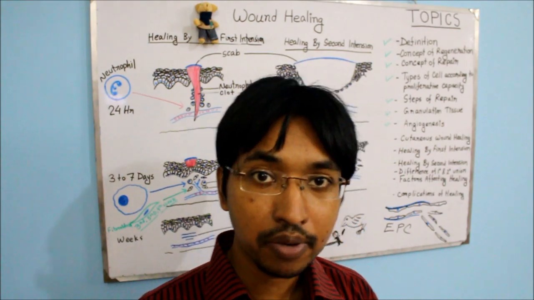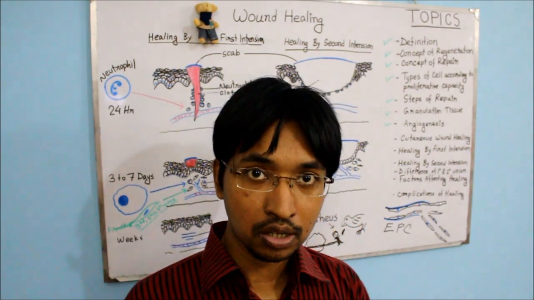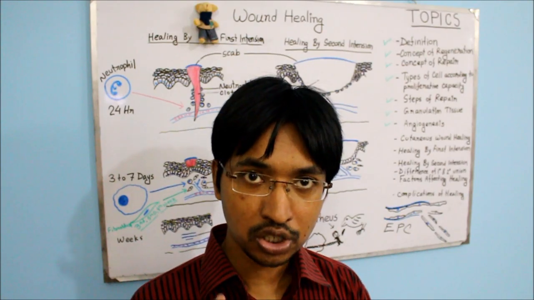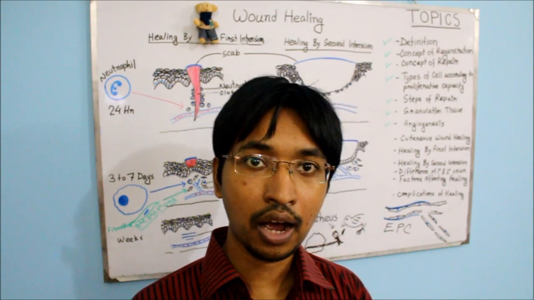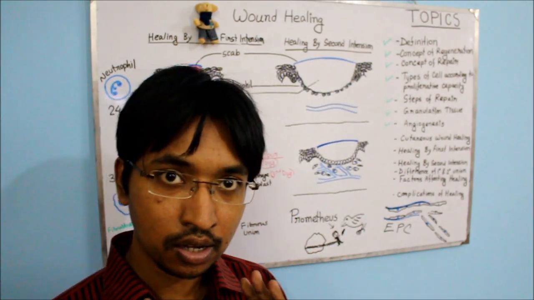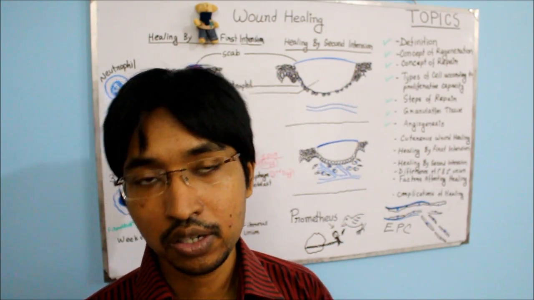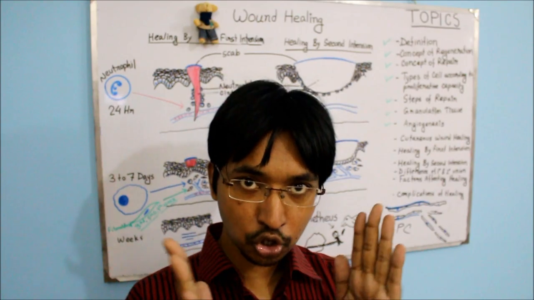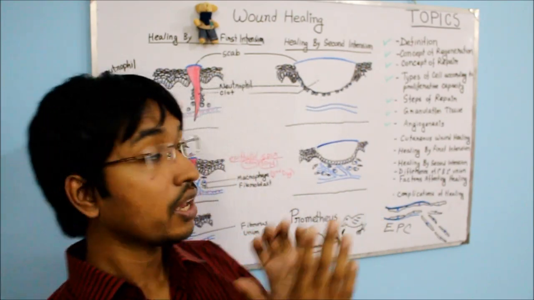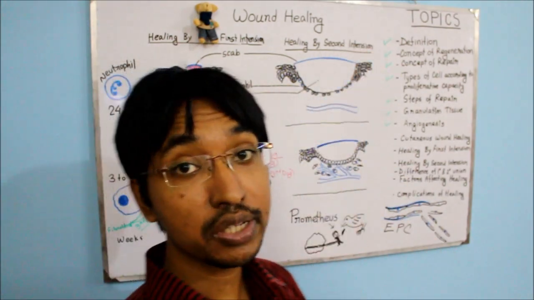So what do we mean by healing by second intention? The wound will not have a clean cut, it will have an unclean, irregular cut margin. There may often be presence of infection, and the cut margins will not be closely opposed. There will be a big gap between them, and a lot of tissue will be lost.